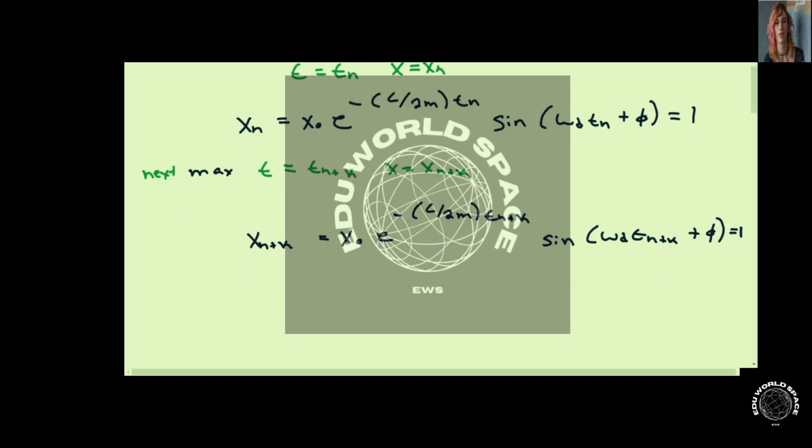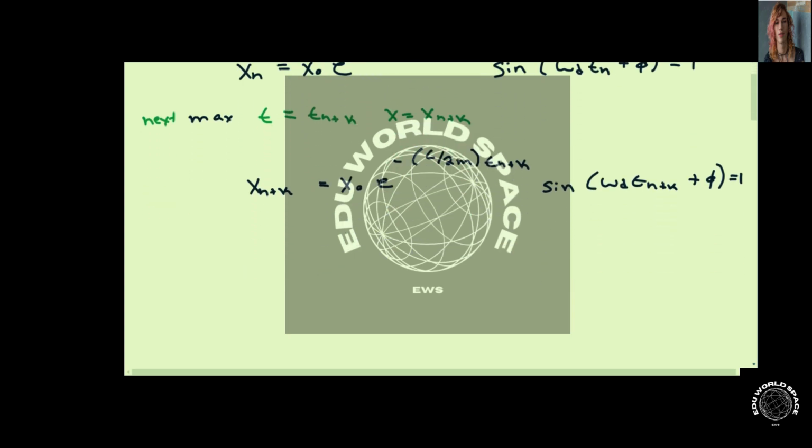And now we're just going to care about this part and this part, and when we do that we have wd tn plus k, and I know it's not w, I just like saying w for some reason.